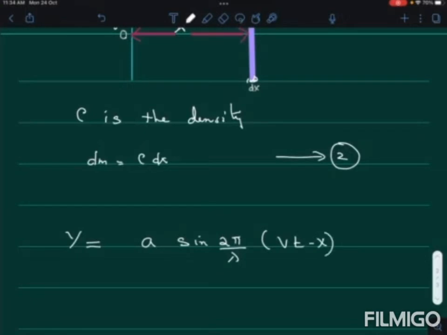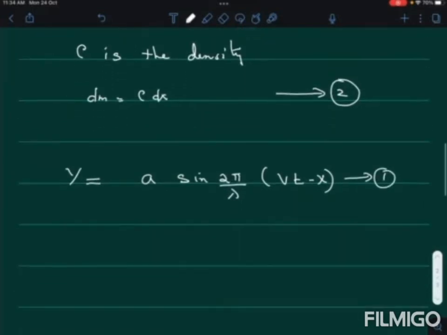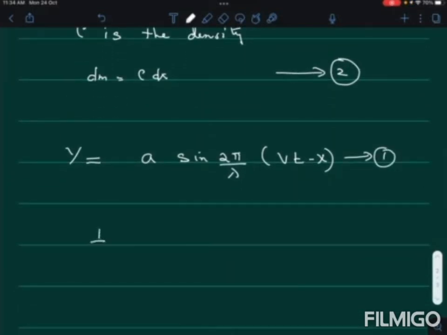That was our first equation, and we all know what kinetic energy is: half mv squared. Here we have the mass dm as rho dx, and how do we find v? Equation 1 gives the displacement, so to find v we just differentiate with respect to t.